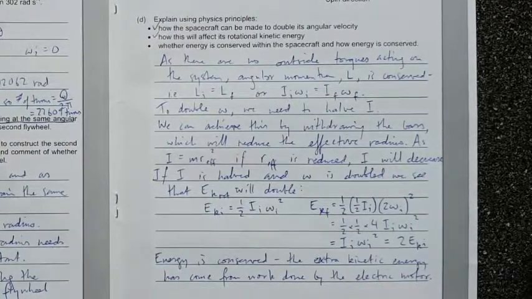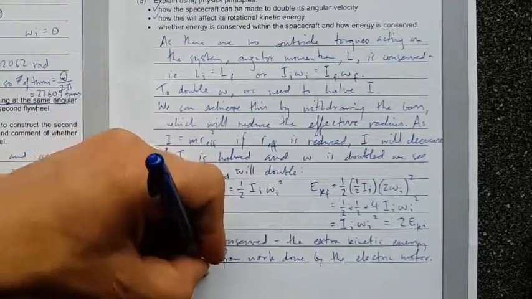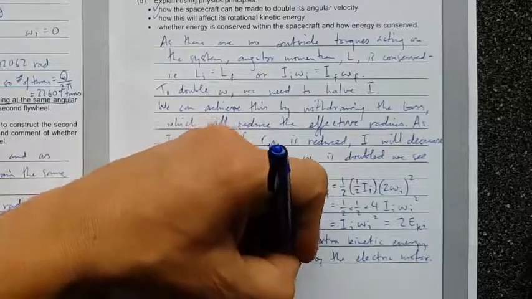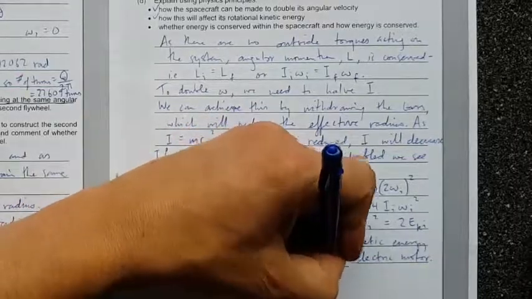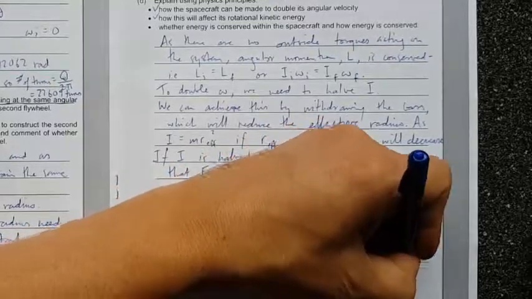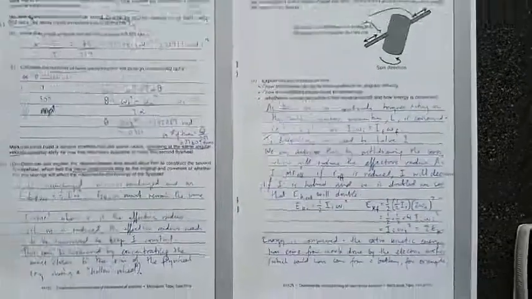It might be a solar cell on the outside, or it might be some batteries on the inside. So maybe we should add that as well, which could have come from a battery, for example. Okay, so that's question 2.